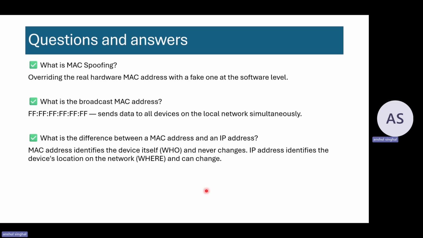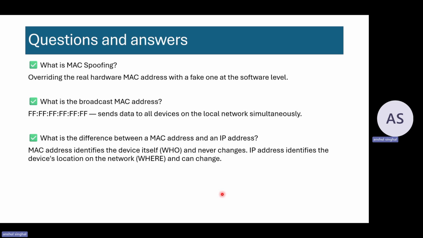Then what is the difference between a MAC address and an IP address? A MAC address identifies the device itself and never changes. As we have just seen, a MAC address is associated with the network interface card and can never be changed at the hardware level, but it can be changed at the software level.